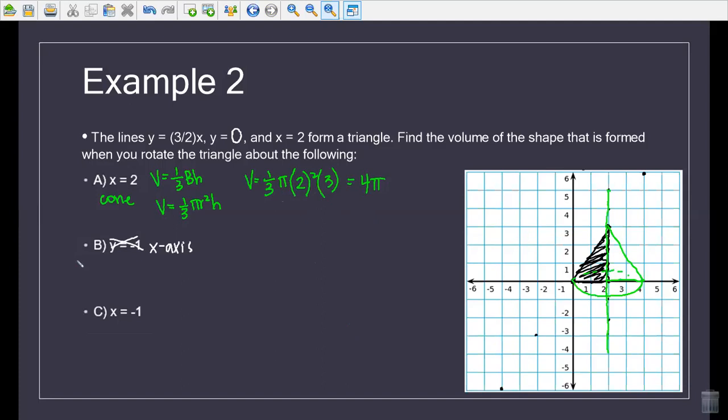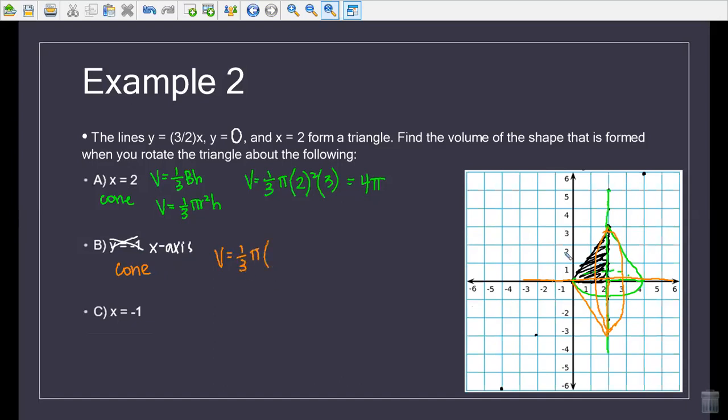All right, for the next one, I want to go on the x-axis. So that's down here. Then I'm going to reflect it down. So I got to go down 3 and then go to the origin. So again, I have another cone because I'm reflecting it around one of the sides. So then my volume is going to be 1/3 times pi.